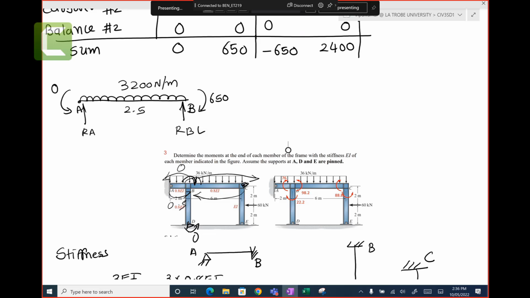Can you just hop over on this one and say what is fixed, and what is this one here? Cost 3 are fixed.